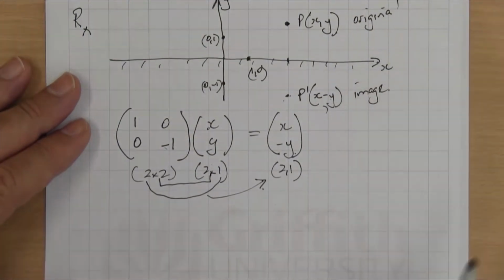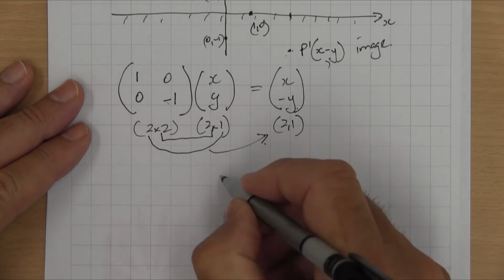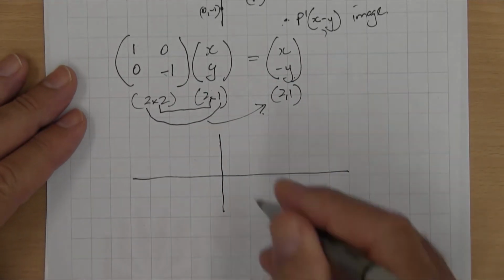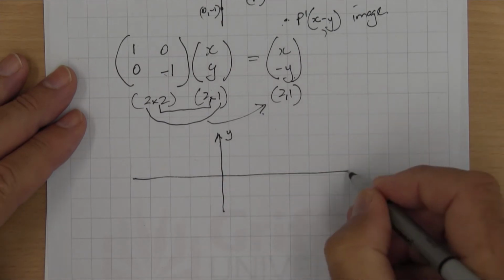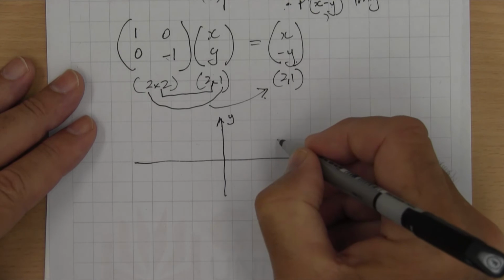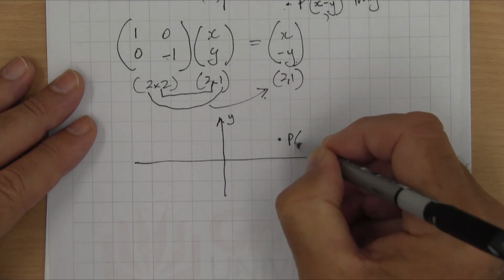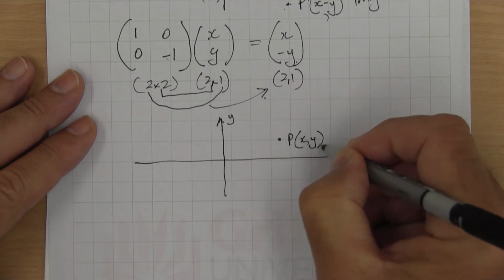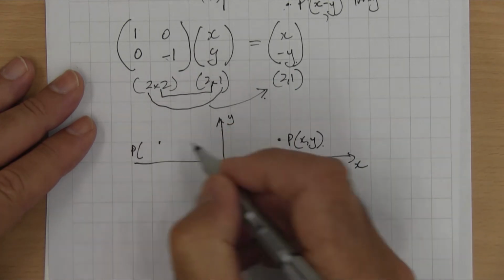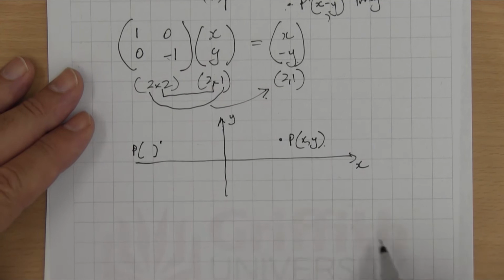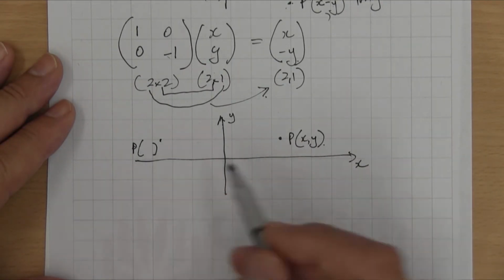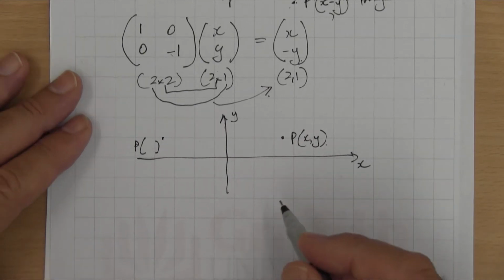Let's have a look at a reflection in the y-axis. So we've got our y and our x, and we've got the point P(x, y). Now it is going to end up over there, and I think intuitively you know what the coordinates are there, but we'll work it out by using matrices.